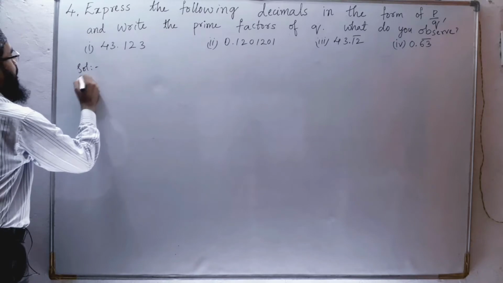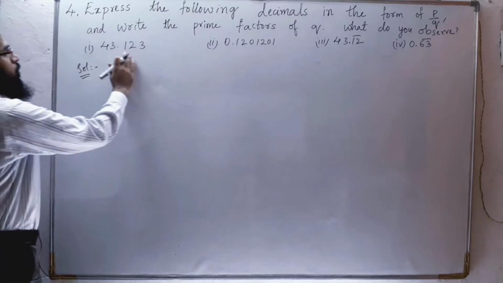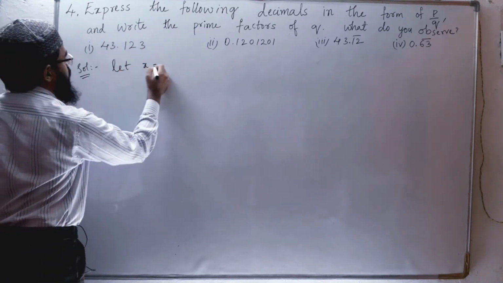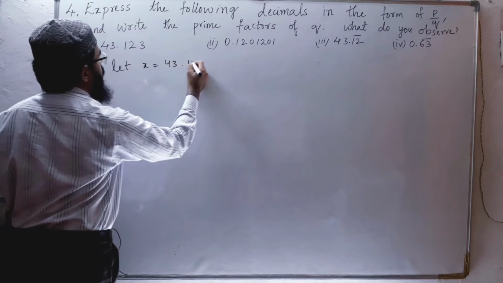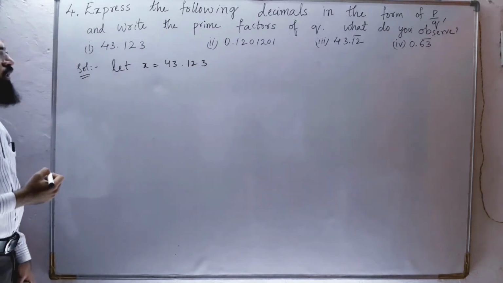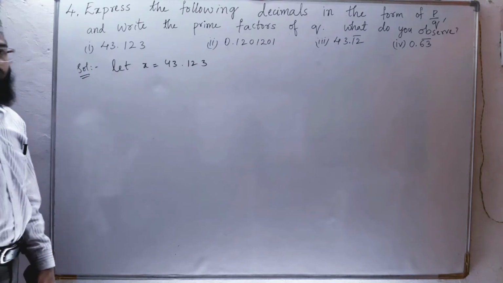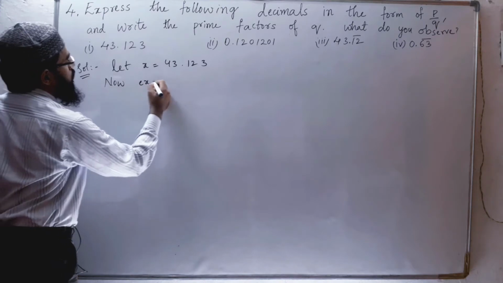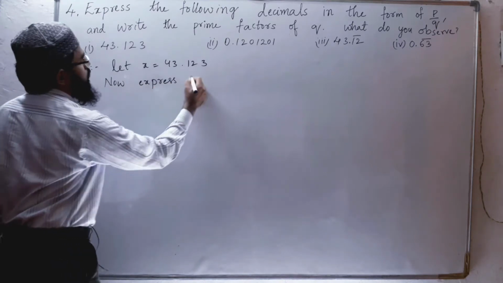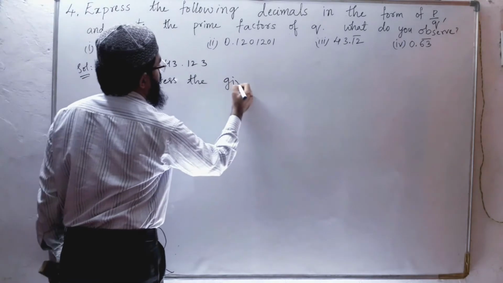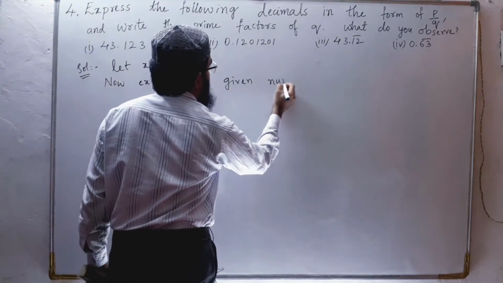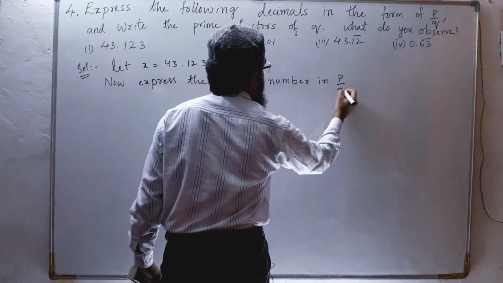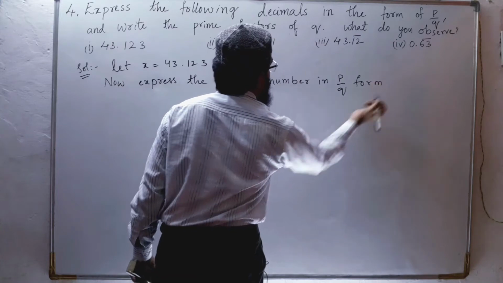So solution. What is given? 43.123. Let this be x. So let x equal 43.123. Now we will express the given number in p by q form.